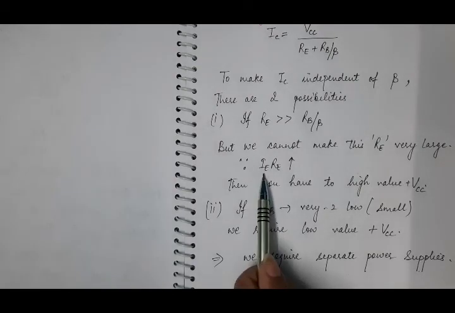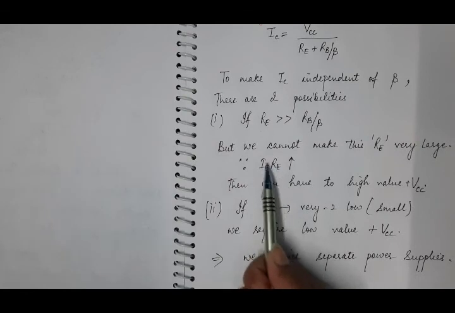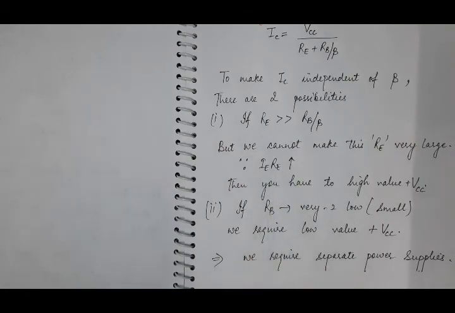It means if the voltage drop across this IE-RE increases, you will need a high value of VCC to reverse bias the output circuit, but a low value of VCC to forward bias the base emitter junction. So that is why you need two separate power supplies, but that is not possible. So this method is also rarely used.